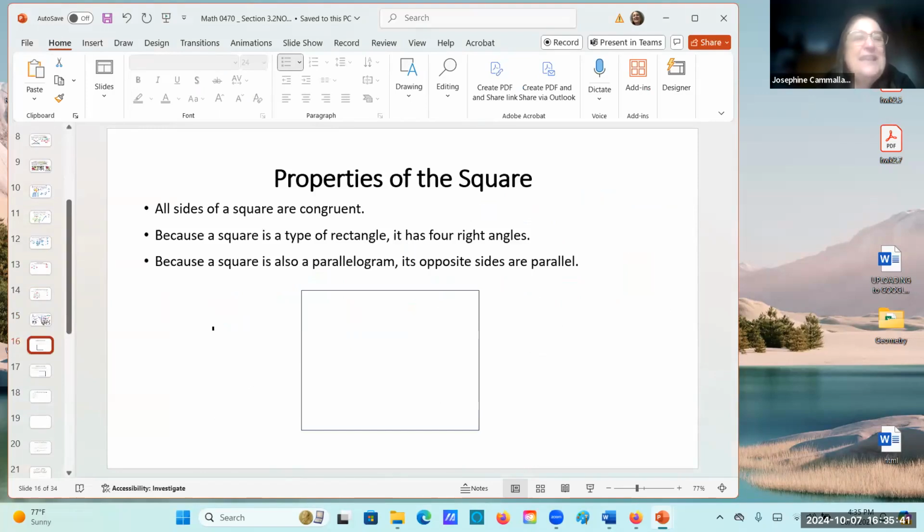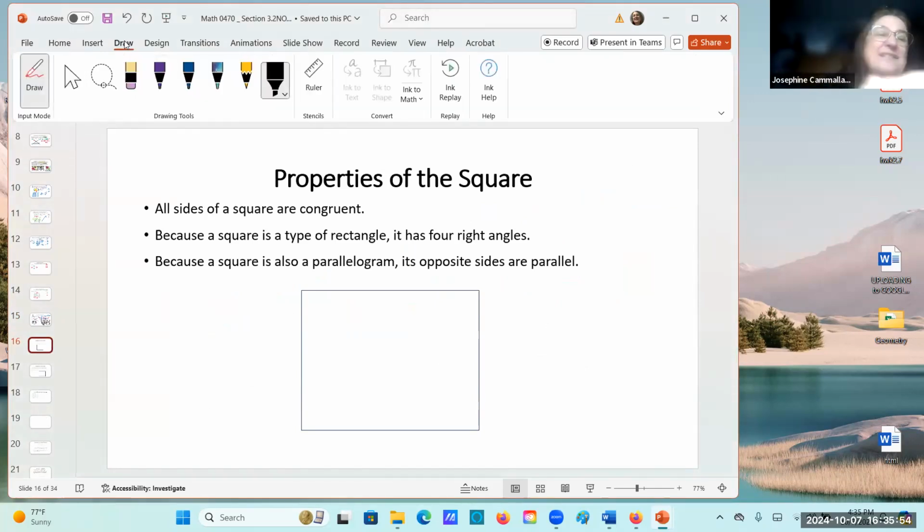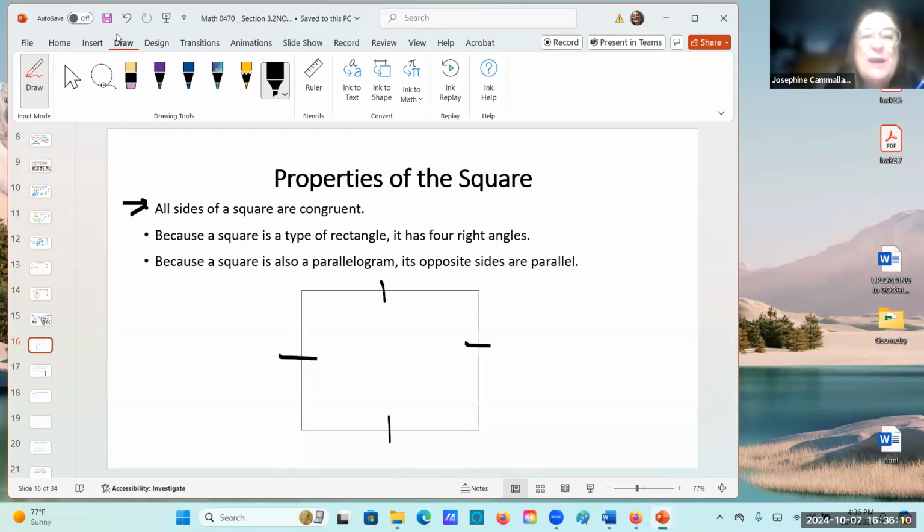Now, here comes the square. Okay, now, something I need to let you know about a square. Symbol-wise, to tell you all sides are the same. Remember, because a rhombus, all sides are the same. In a square, I will still have the hash marks.